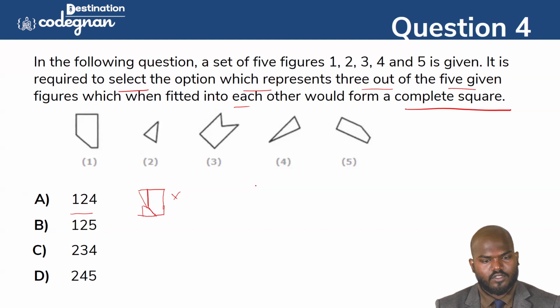Okay, so you see this one. Next one, 1 2 5. Again, this one, 1 2 5.